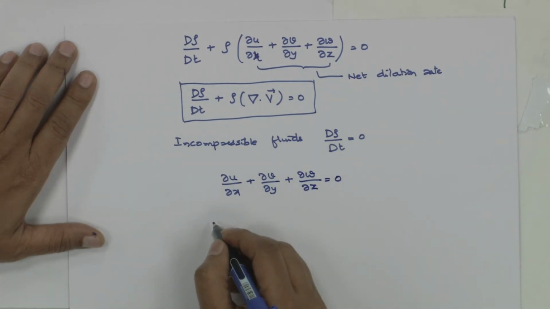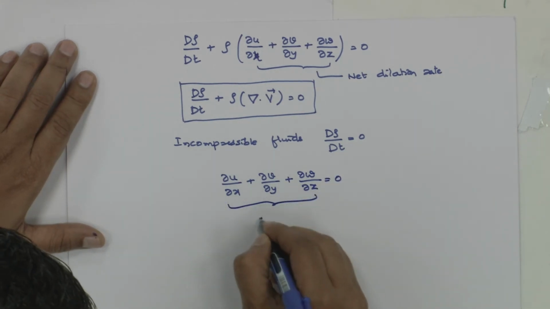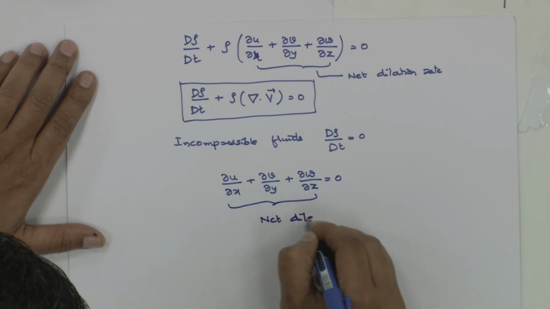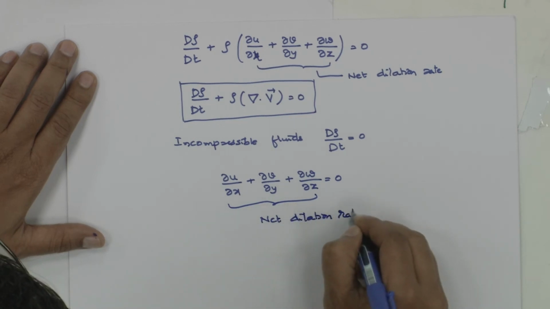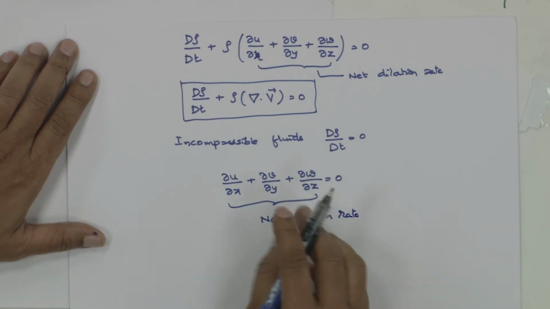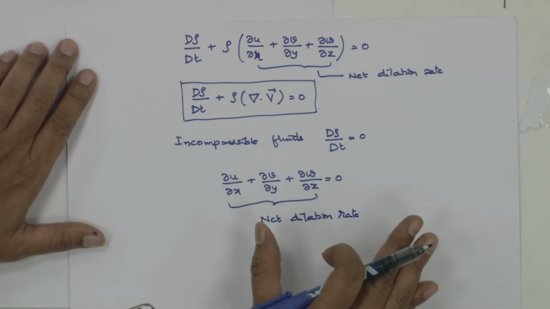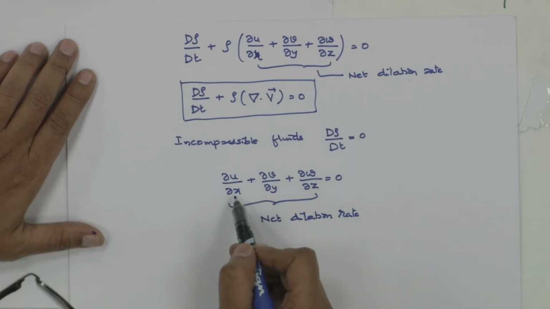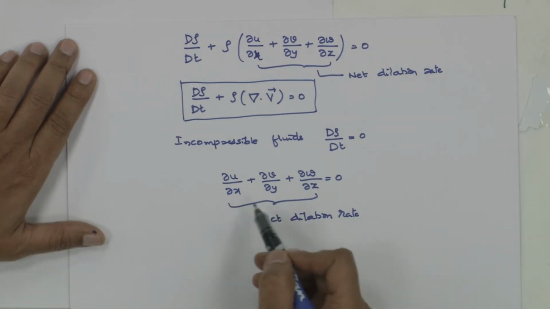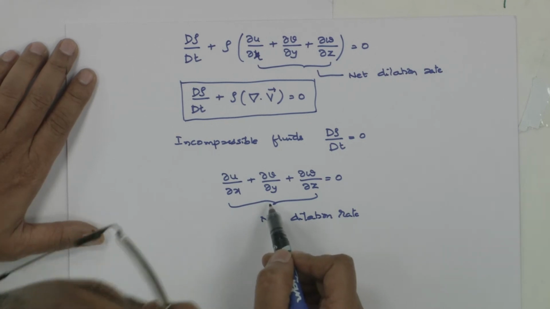In fact, if you recollect, this is what we had derived as net dilation rate in the previous modules. So for incompressible fluids, net change in the volume is 0. There can be stretching in the positive x direction, but it can get compensated by stretching in the negative direction in the y direction. So the net dilation rate will be 0 for incompressible fluids. So this is so much for the conservation of mass.